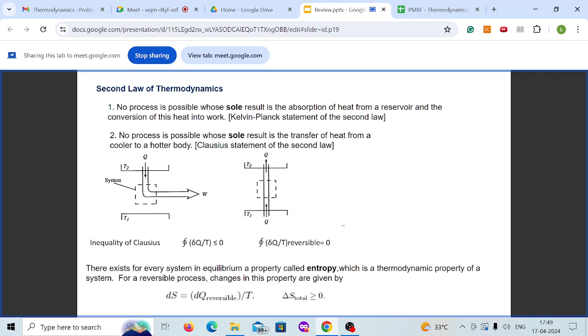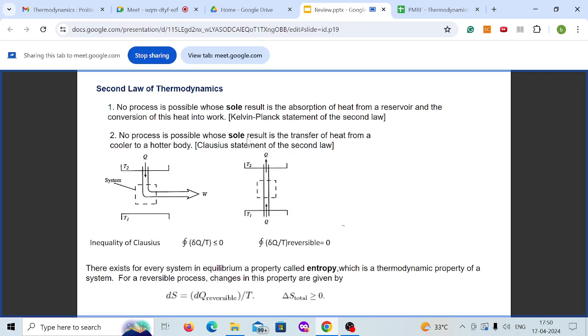So whatever amount of heat Q you are getting, you cannot convert the whole amount of Q into work. You have to reject some amount of energy to another reservoir. So basically you cannot operate with a single reservoir. That's what the Kelvin-Planck statement said.